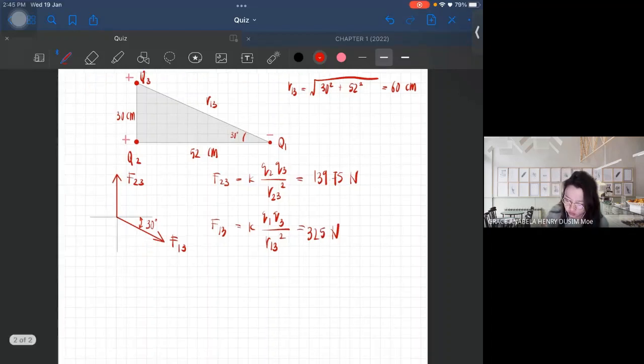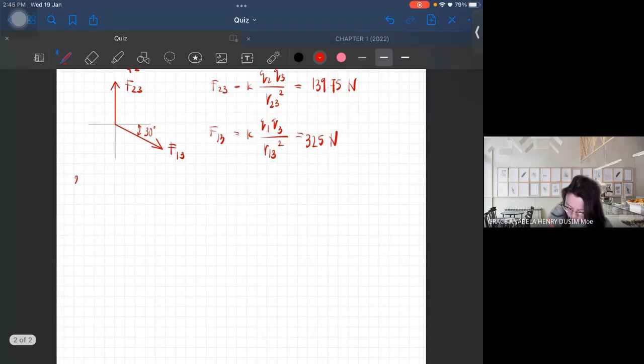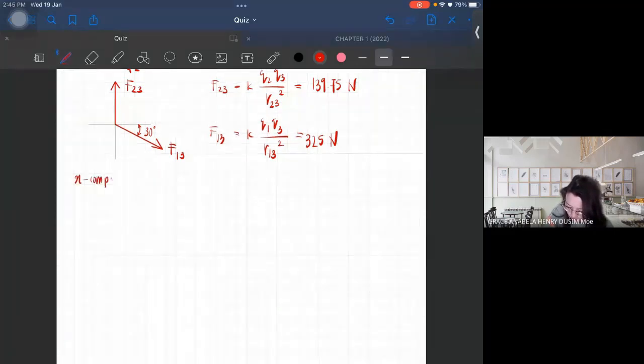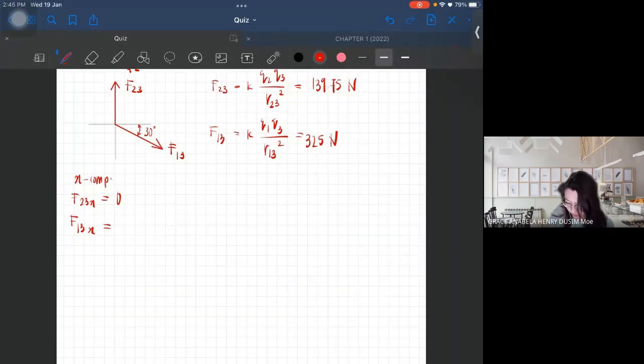Okay, so do X component, and then X component for F23X is equal to 0, and then F13X is equal to F13 cos 30 degree, should get 121 Newton.